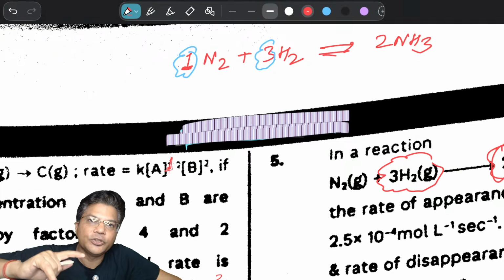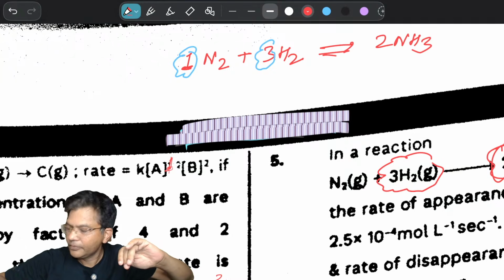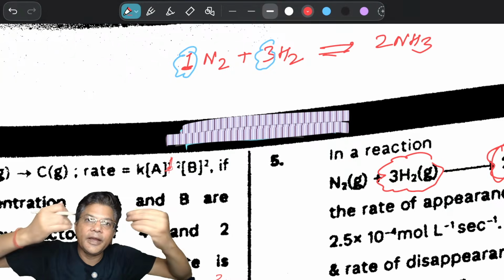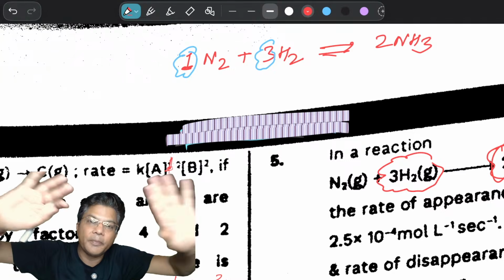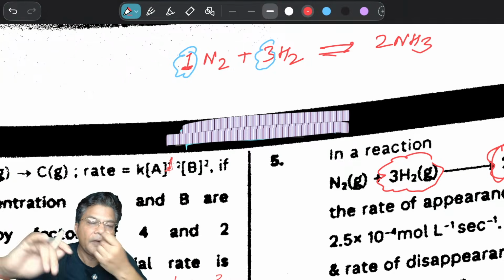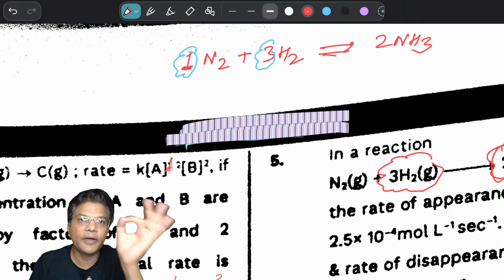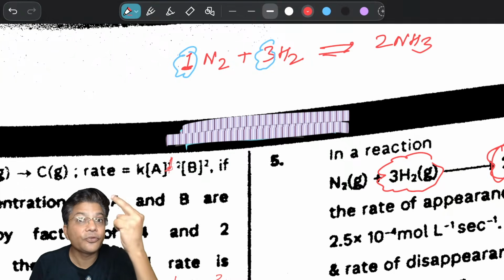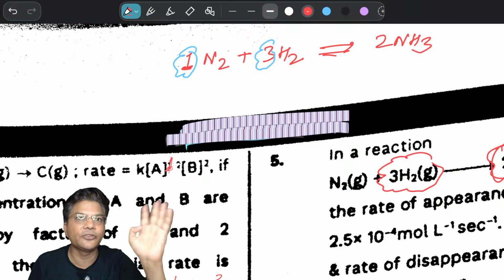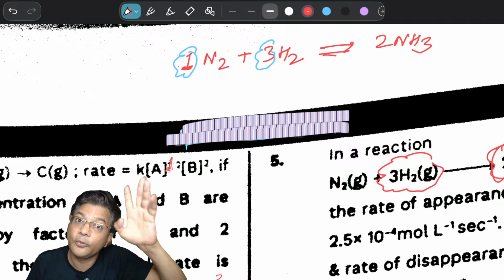Rate of decomposition of N2 is least. Then rate of decomposition of hydrogen is maximum. If 1 mole of N2 is getting finished, then 3 moles of H2 will get finished and then only 2 moles of ammonia will get formed.